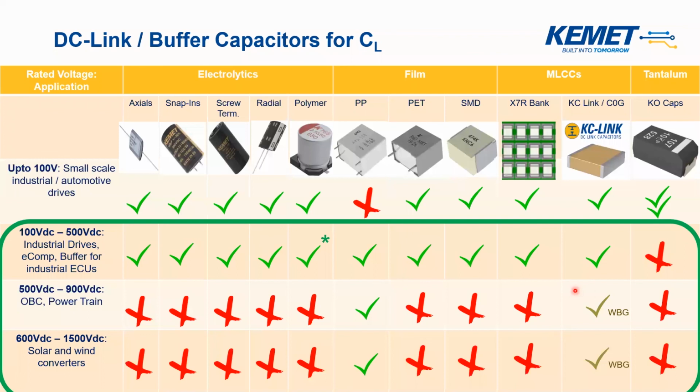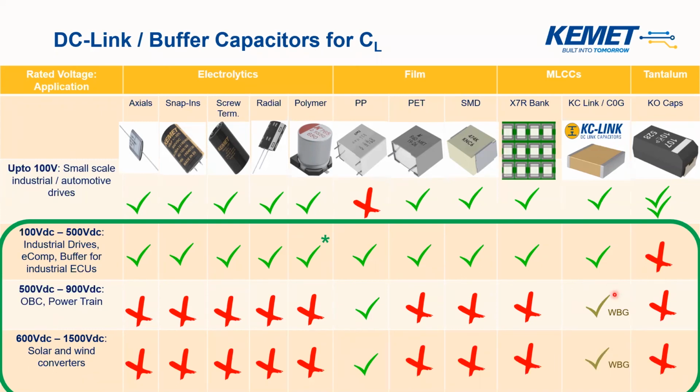And this is basically the reason why I've used the gallium nitride example on one of the previous slides, because if the switching frequency is high enough, and if the ripple current requirement is more vital than capacitance requirement, then it's really the ripple current per nanofarad of capacitance that becomes the most interesting criteria to look out for. And this is where the ceramic capacitors, KC link and connect capacitors, become more and more important.